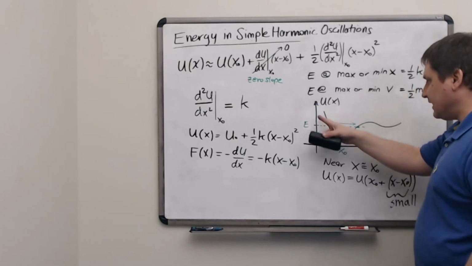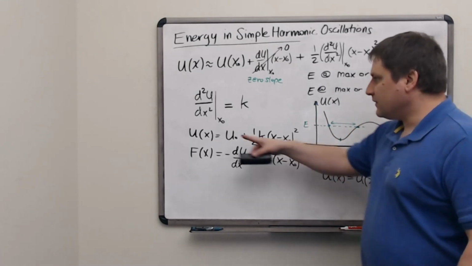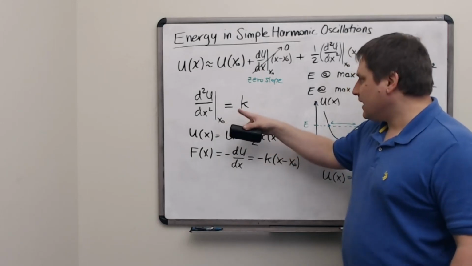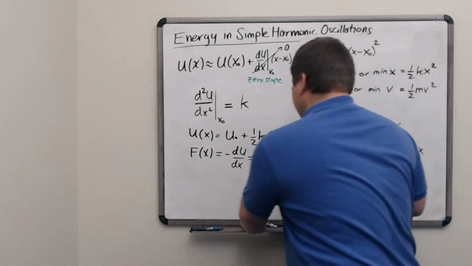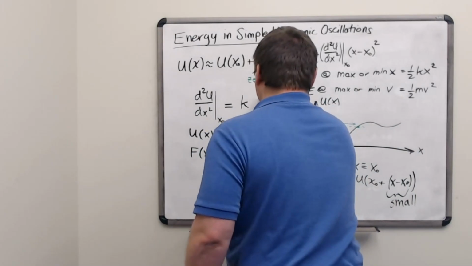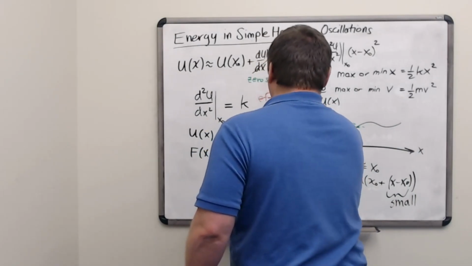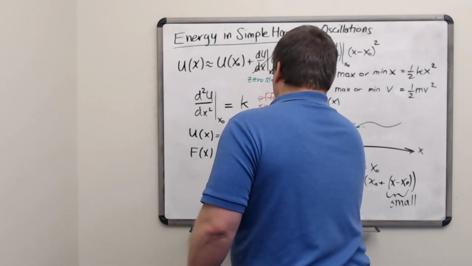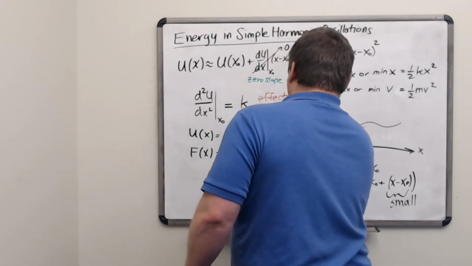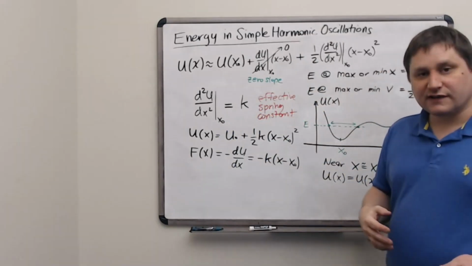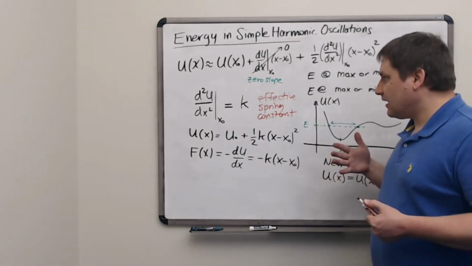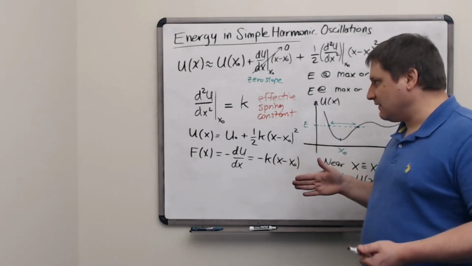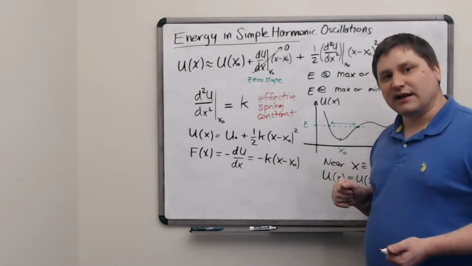If we have a potential energy from any source, we take its second derivative, evaluate it at the minimum, and that gives us what we call the effective spring constant. The motion of the system will be completely identical to the motion of a mass on a spring, an idealized frictionless oscillator, with a spring constant of k.